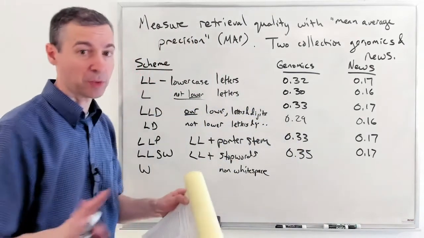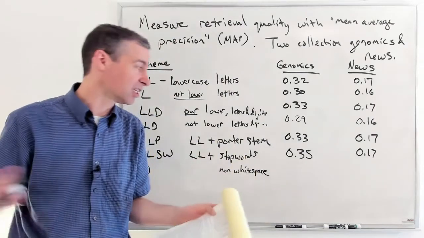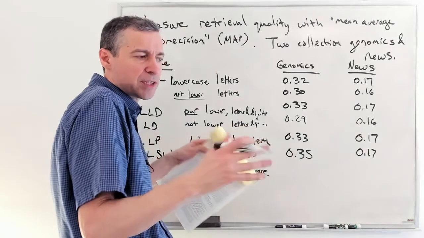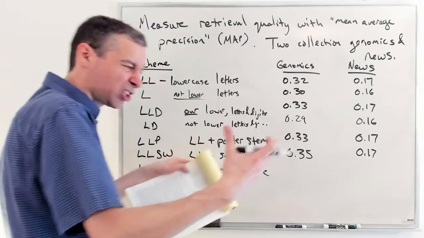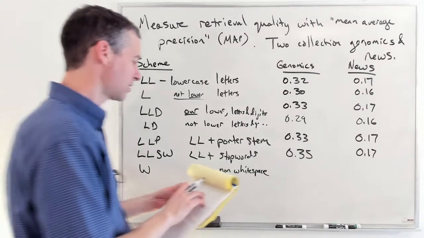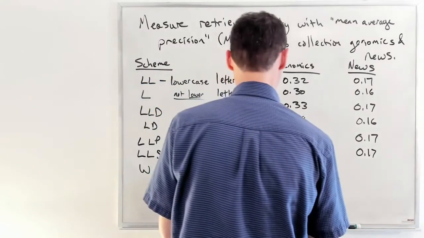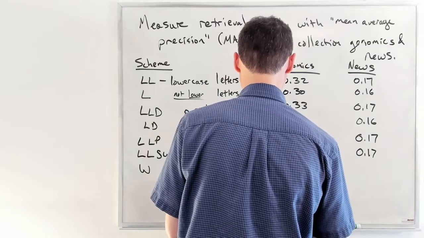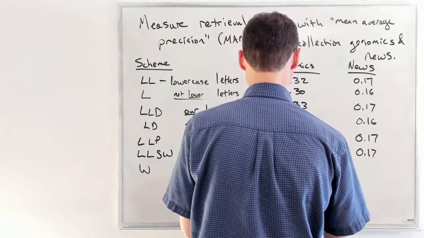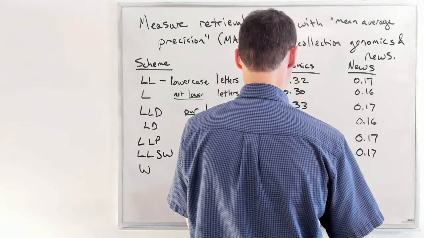So, by the way, that includes all the punctuation and everything, like it's just anything that's not white space becomes a token and it's all stuck together. So if you have a period at the end of the sentence, that becomes part of the word. That sounds crazy. Yeah, so this drops all the way to 0.17. This is a huge drop in performance.